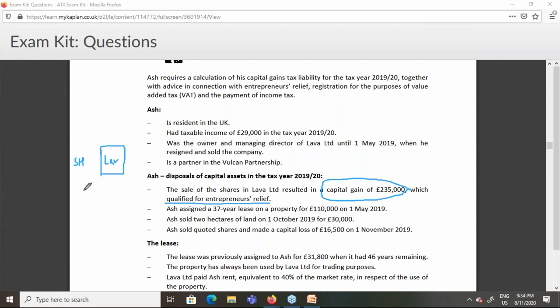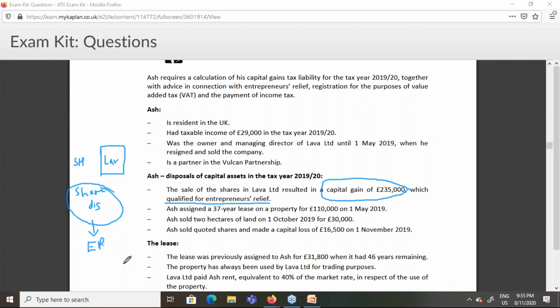So the share disposal, listen very carefully, the share disposal qualifies for the entrepreneur's relief. This is the main transaction. It qualifies for the entrepreneur's relief.